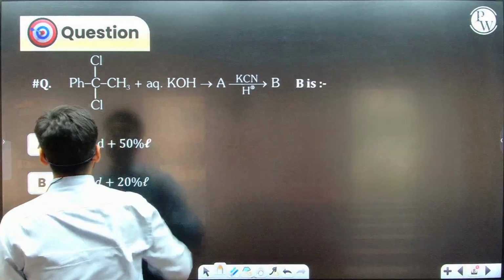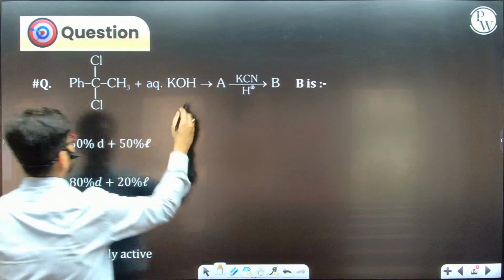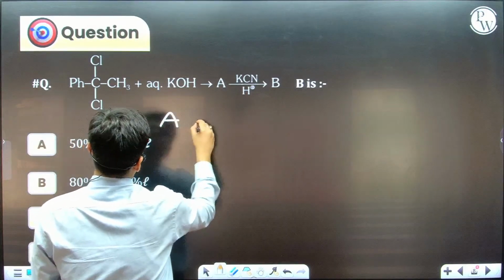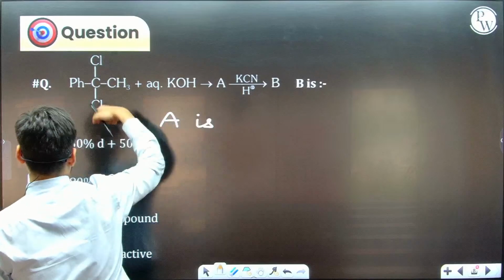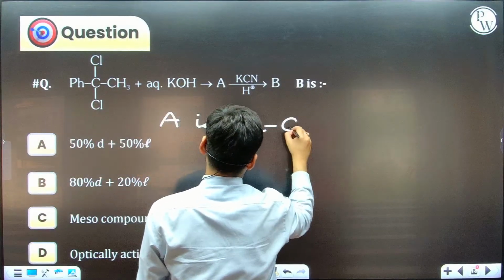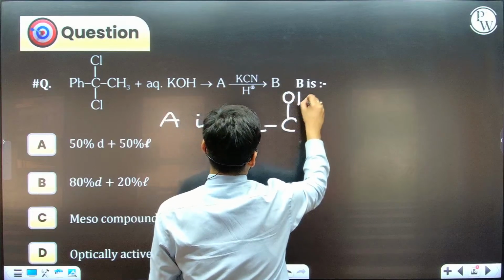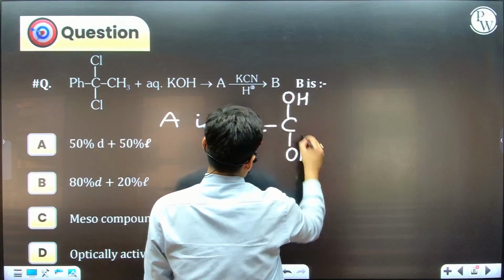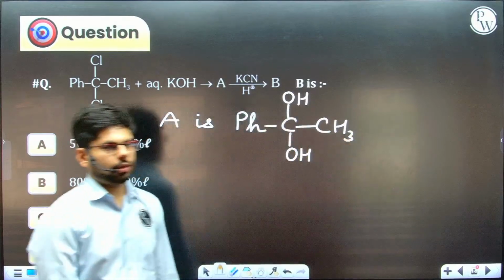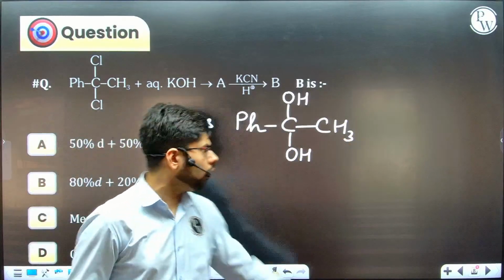Now OH minus will act as a good nucleophile, and so what is A? A will be obtained if I replace both the chlorine atoms with OH. So a substitution reaction is happening. But two OH groups on the same carbon are never stable, so don't make this mistake.